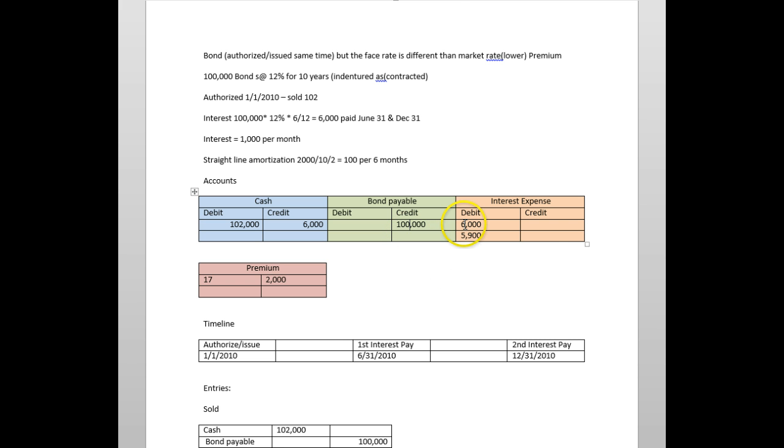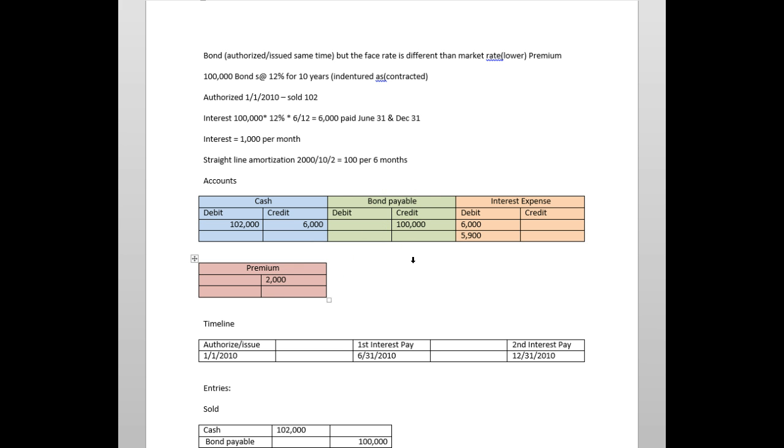My interest payments are not changing. They're going to be the same. But I have to do something with that $2,000. And that's where you're going to create another account. And it's going to be a premium, and it's going to be a credit account. And this is going to be a contra account to the bonds payable on the balance sheet.